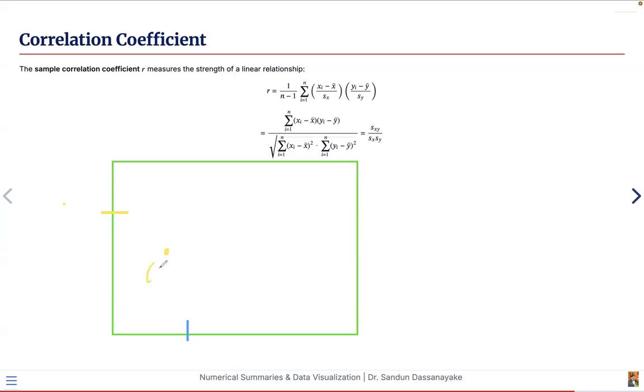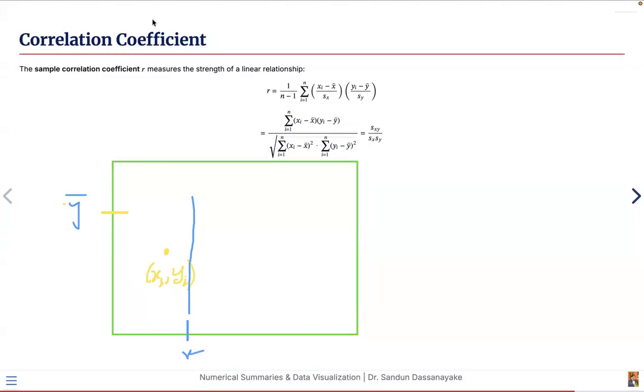It indicates an observation xi of the explanatory variable and yi of your response variable. And when you take xi minus x bar, I will draw it in blue. So this is your x bar value, and this is your y bar value.